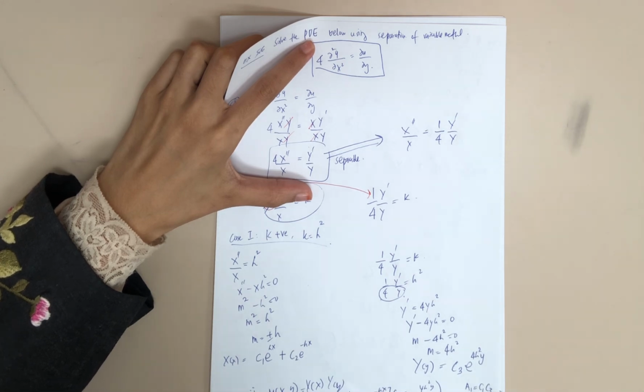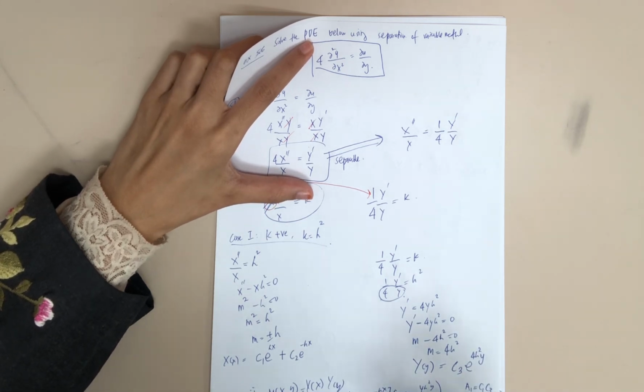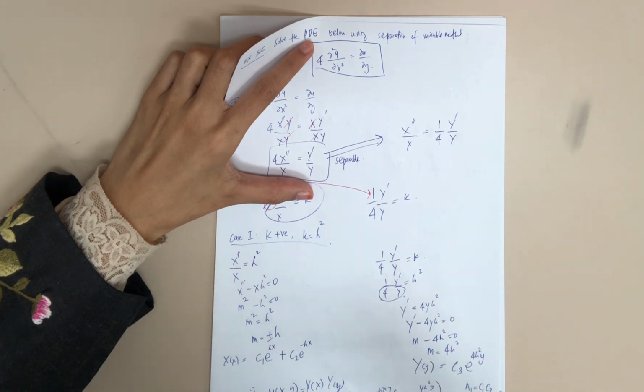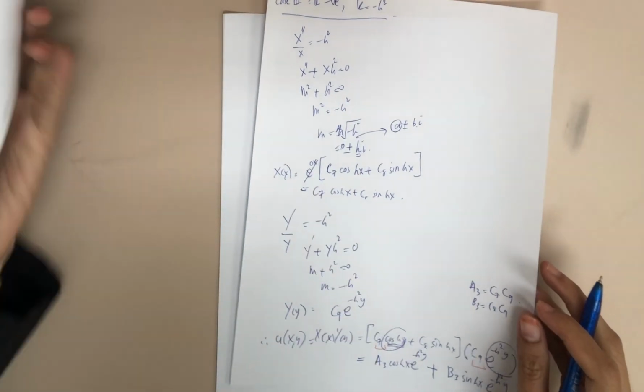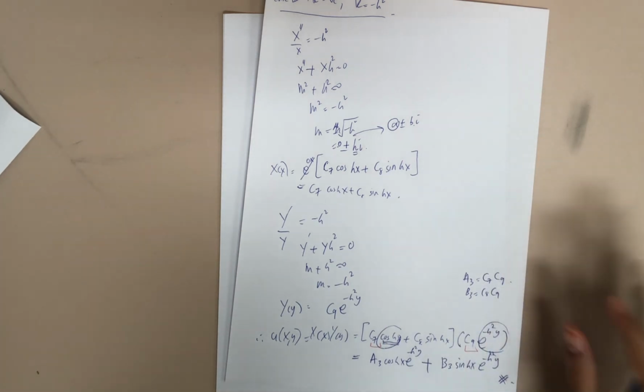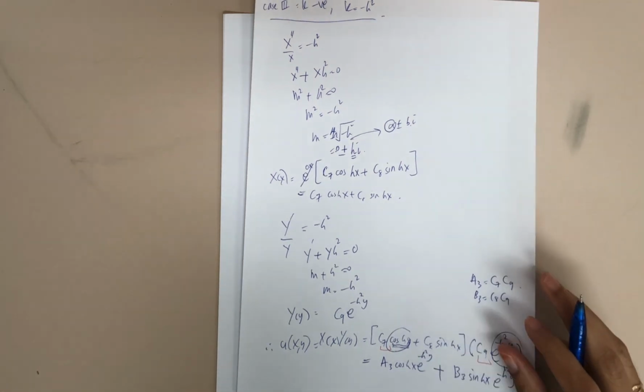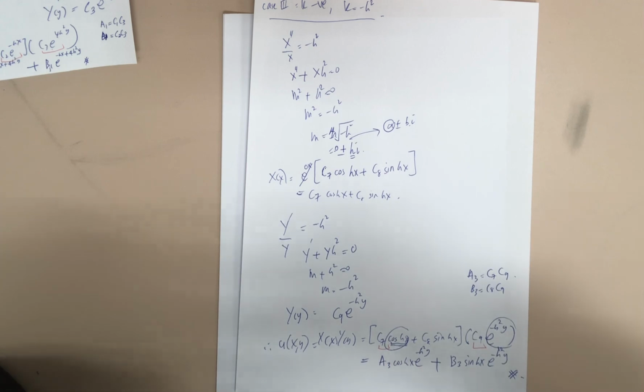Unknown here means A1, B1, C1, A2, B2, and A3, B3. They are still unknown.